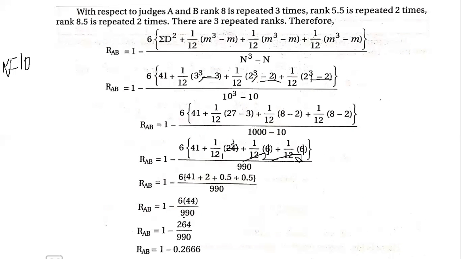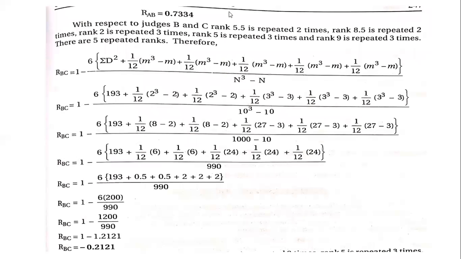Once you get these values, add all of them inside, and when you simplify, you get the value of RAB, which is 1 minus 0.026666.